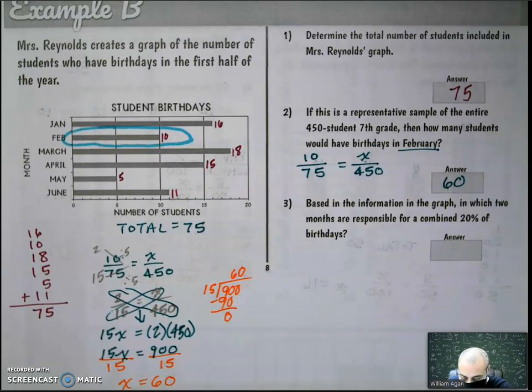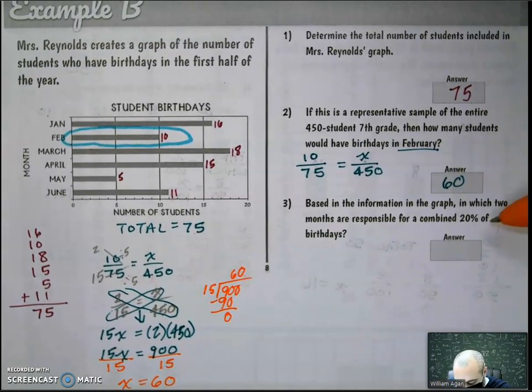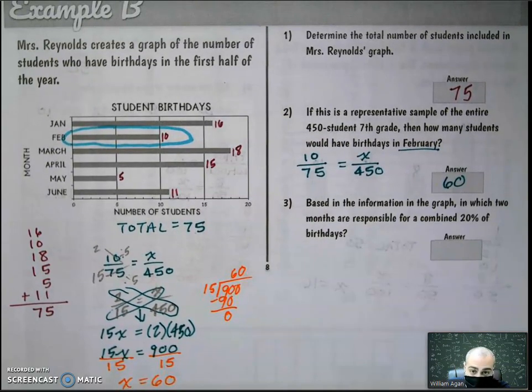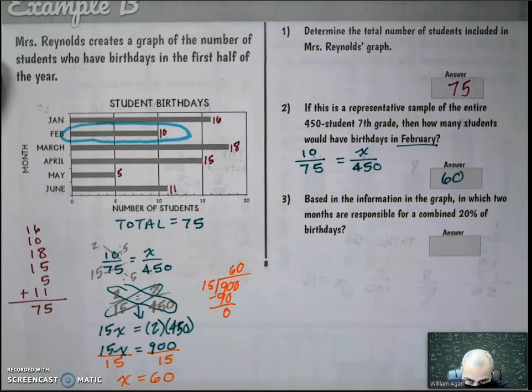All right, and number 3. Based on the information in the graph, in which 2 months are responsible for a combined 20% of the birthdays? Okay, well, 20%. Do we have any percents over here? No, we don't have any percents.